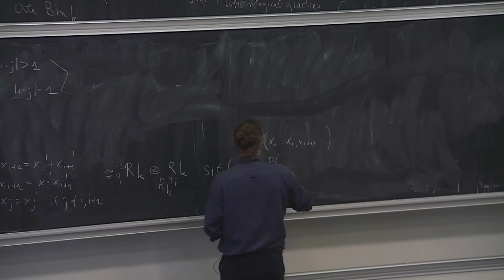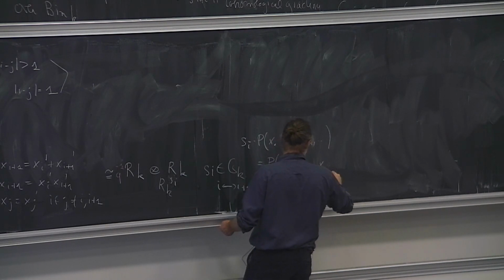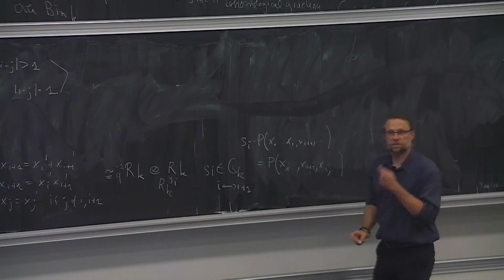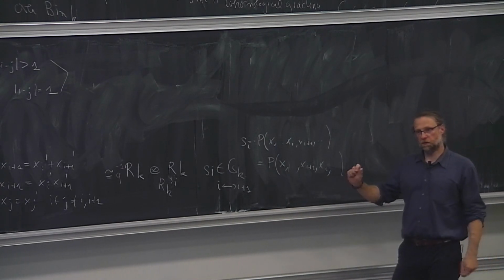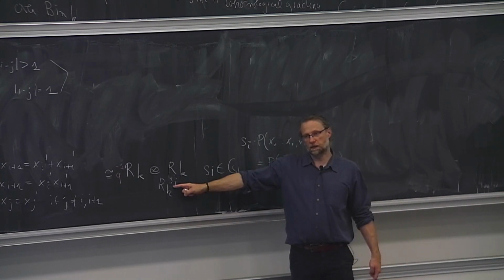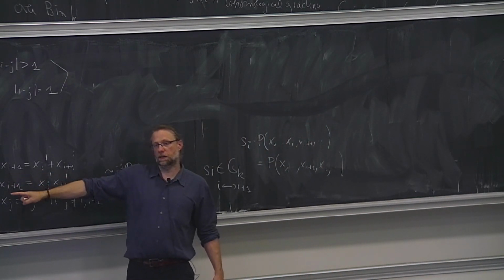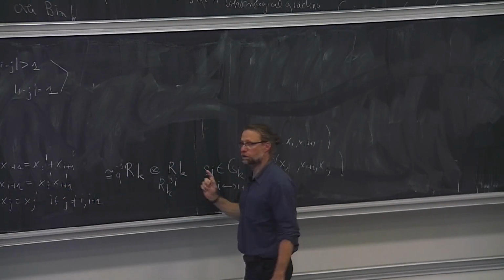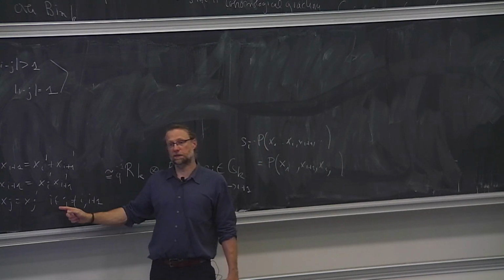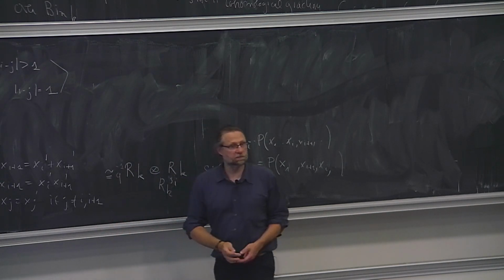This is just P(x_1, ..., x_{i+1}, x_i, ...), the polynomial with the transposition. So these are just the symmetric polynomials in variables x_i and x_{i+1}. So e_1, which is x_i plus x_{i+1}, and e_2, which is just the product of the two, and that's it. And then since this action doesn't affect the rest of the variables, nothing happens to the rest of the variables. Good? Other questions?